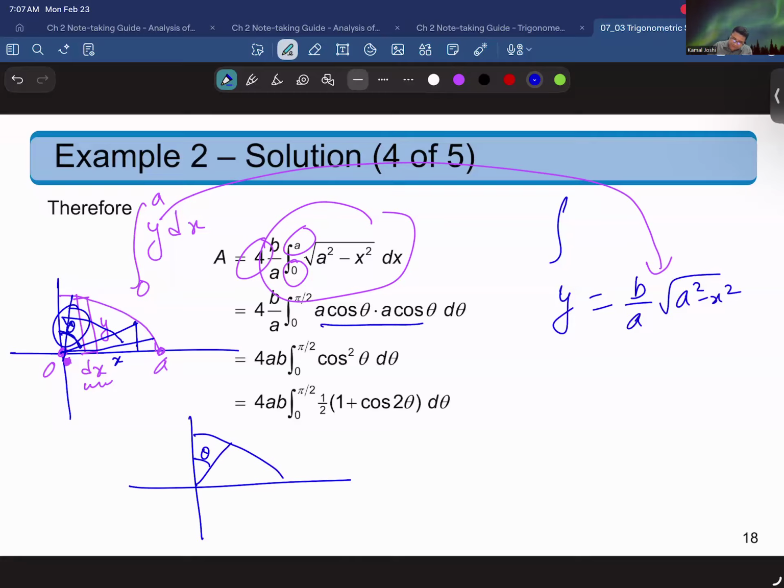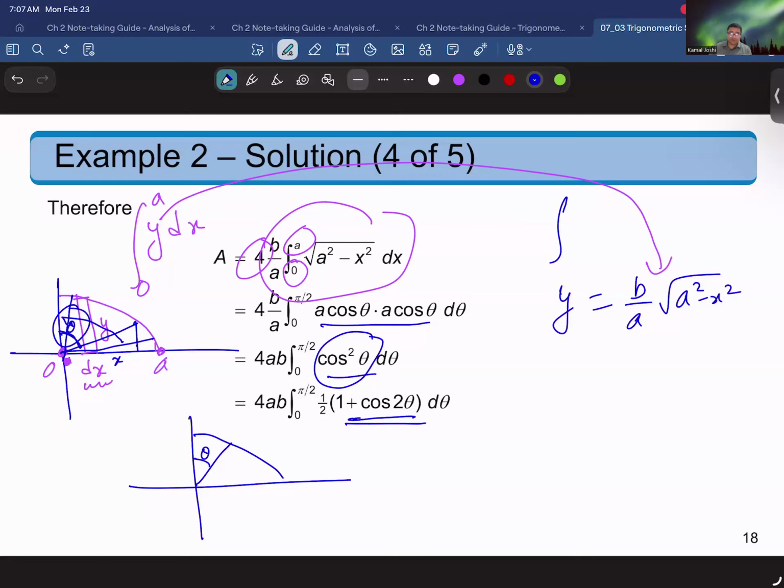Once we do that, we get this in terms of cos theta. If it is simply cos square theta that you have to integrate, then this comes under the trigonometric integrals from the previous section.